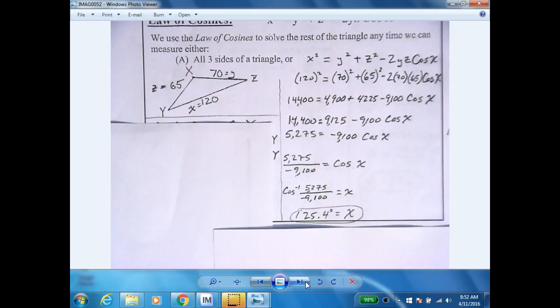Well done. Make sure when you do the inverse cosine, you put the whole 5275 over negative 9,100 in parentheses. And make sure you put this part in parentheses.